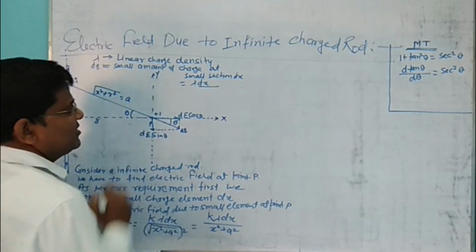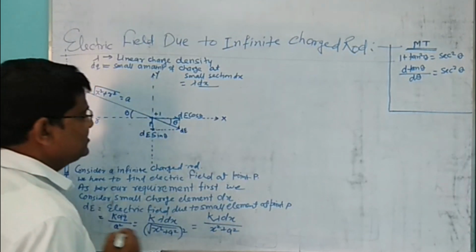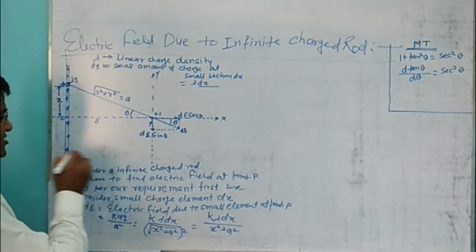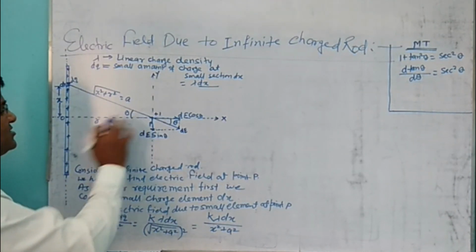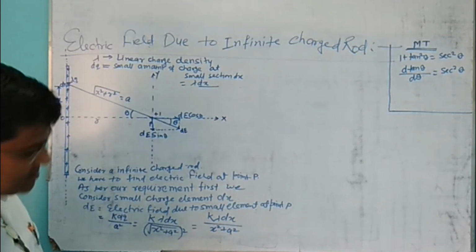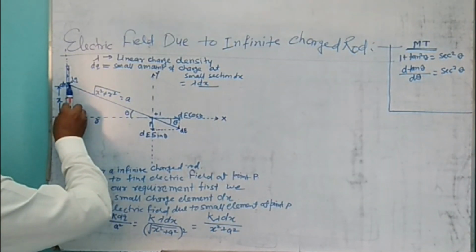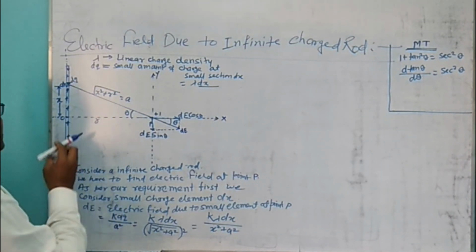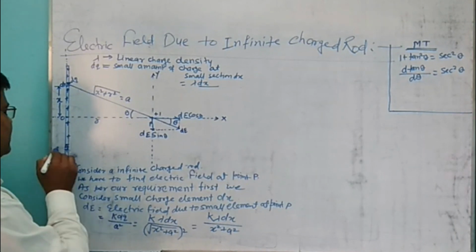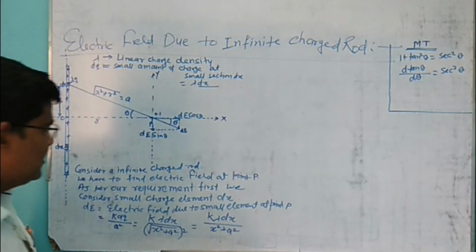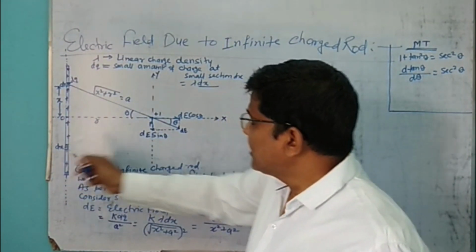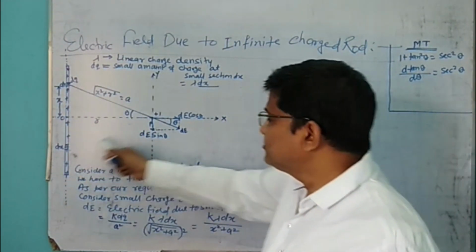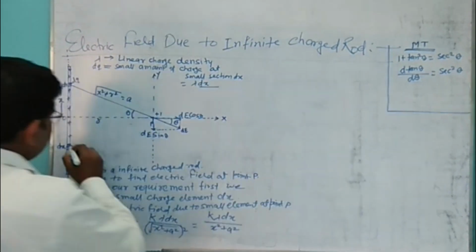Another section at the same distance has the same angle theta. Another dx is considered here, and a plus one charge. Due to this charge, the electric field is along this direction.